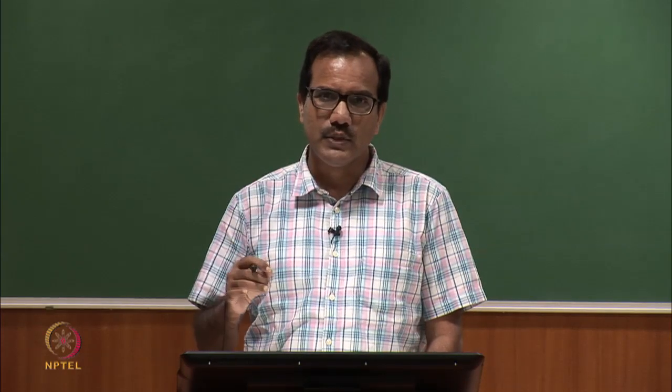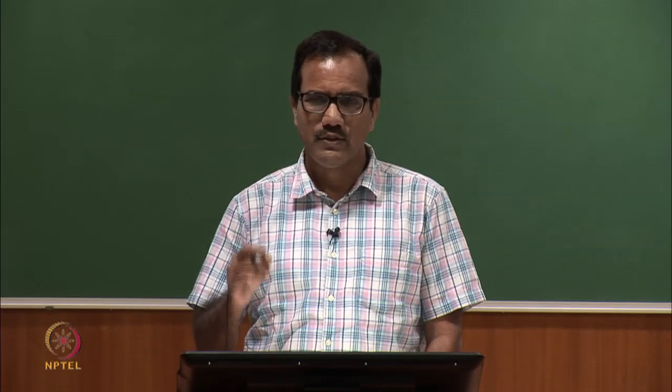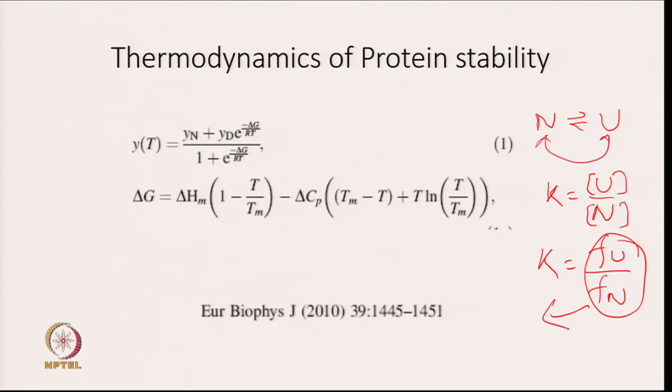Generally, to do this, we calculate the value of K first, and as you know, K is equal to U by N for this process. K is equal to the concentration of U by the concentration of N, and that can also be written as the fraction of unfolded form by the fraction of native form, and this is related to your spectroscopic signal, which we discussed in the last lecture.